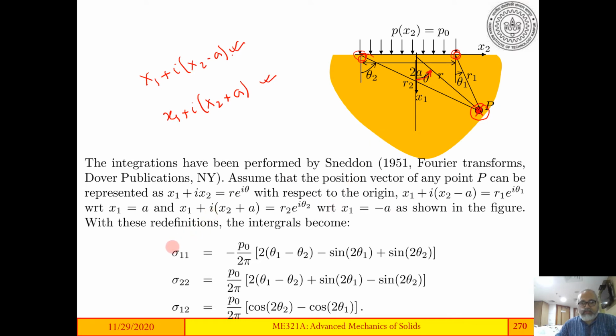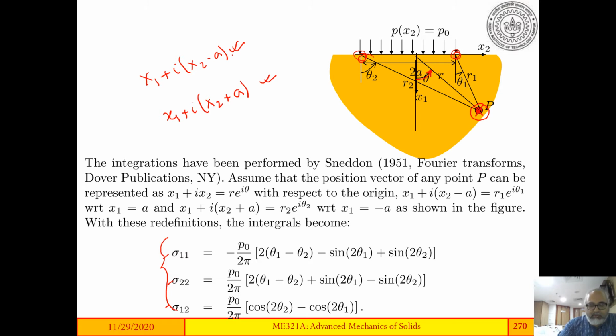So sigma 11, sigma 22 and sigma 12 are given in terms of the angles theta 1, theta 2 and theta in this particular manner. Again, how he got these solutions is a bit tedious.